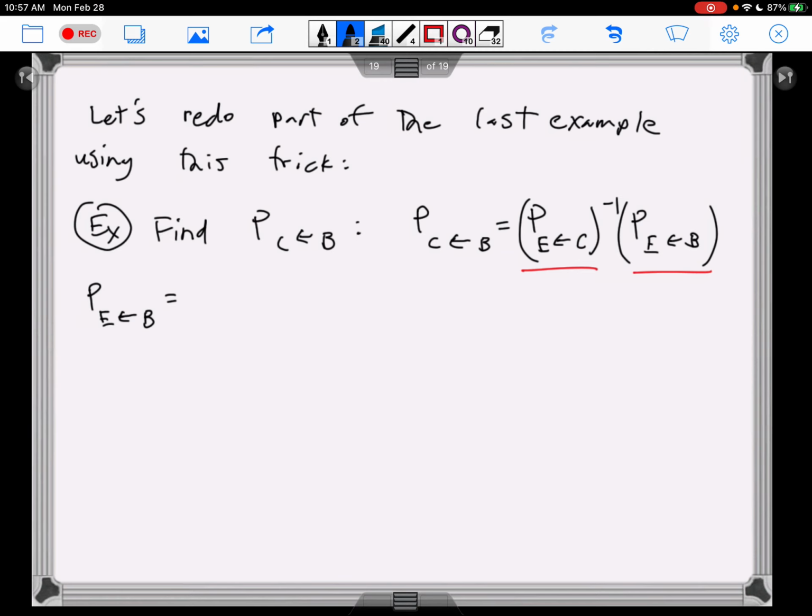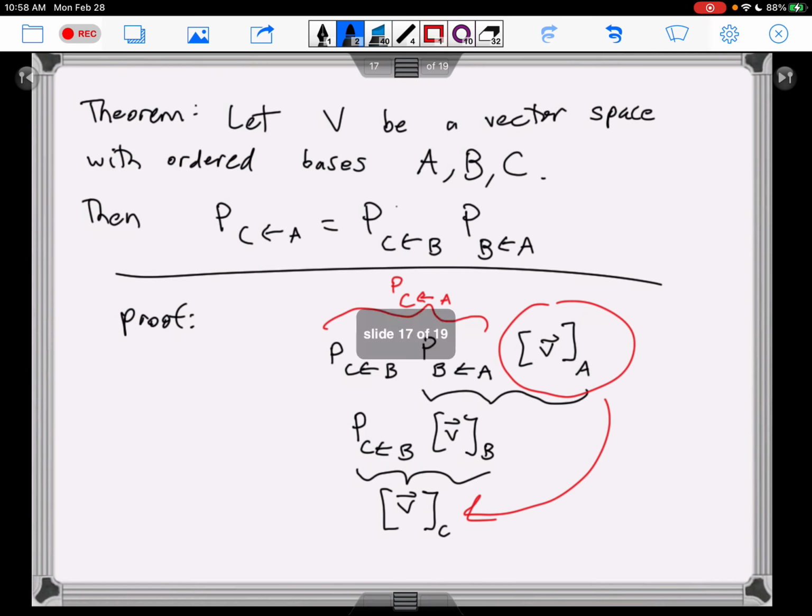Because remember, P from B to E is just going to be to find your column vectors of B relative to the standard basis, but that's just itself, right? In other words, it is going to be just B. Okay, so P from B to E is just given, basically.